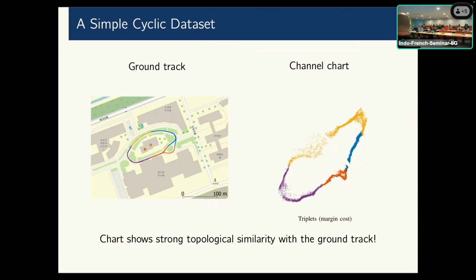There's this small eye here, and the corresponding channel chart that we get on the right, I think is very nice because it captures very well the cyclic topology of the measurement, and we can also identify this small eye here. I think it shows that this self-supervised method can give a quite accurate representation of what's happening on the ground, purely based on the channel that we measure and nothing else.